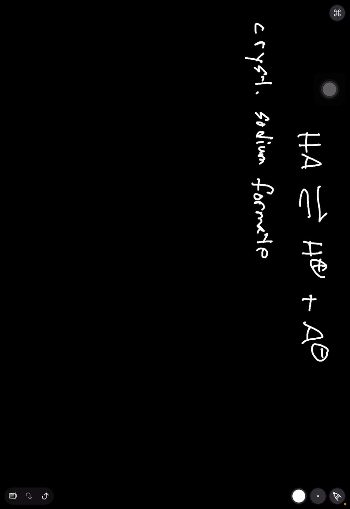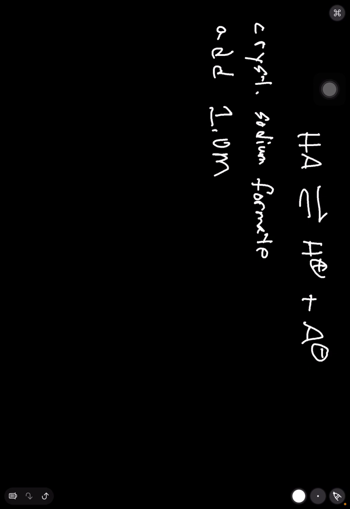All right. What we're going to do is, instead of just adding formic acid directly, we're going to add some HCl. Let's say I'll just try 1 molar and see how that works.